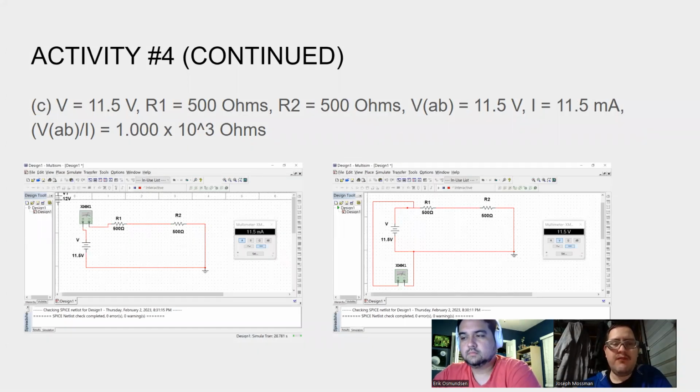For C, V is again 11.5 volts, R1 is equal to 500 ohms, and R2 is given an identical value of 500 ohms. VAB comes to 11.5 volts, I is equal to 11.5 milliamps, and VAB over I is 1.0 times 10 to the 3 ohms.